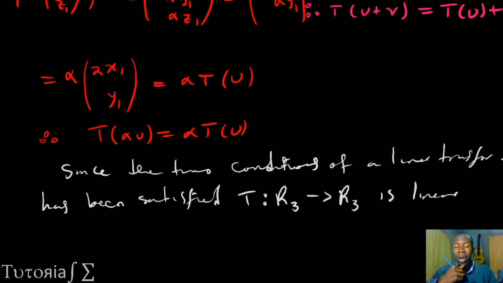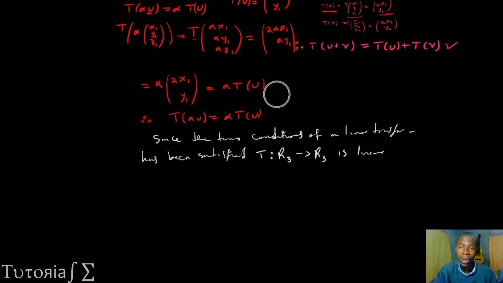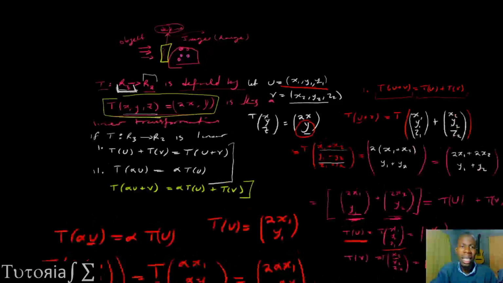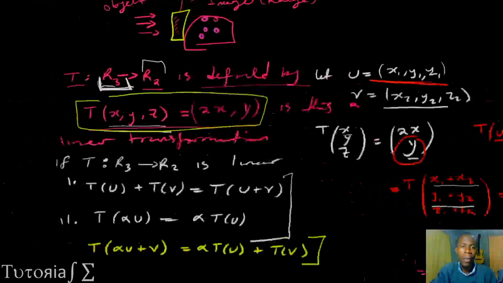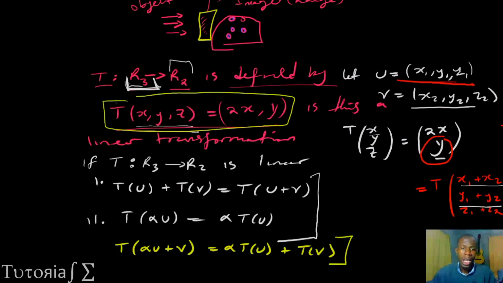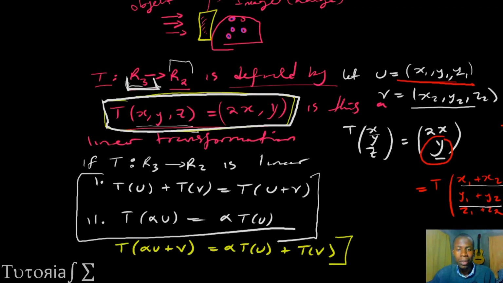Right, now I'll do more examples in the next lesson, but for now, this is about it. So let me just run through the whole lesson. So basically, we are given a definition in most cases, and we have to determine if that definition is a linear transformation or not, right? So if that definition is a linear transformation, it should satisfy these two conditions. Okay?